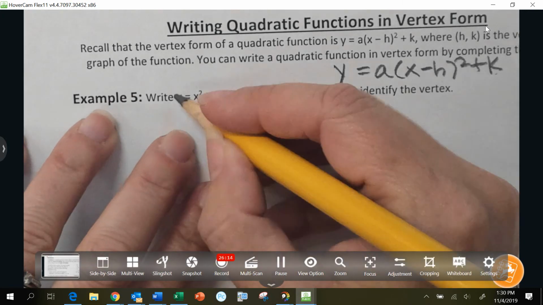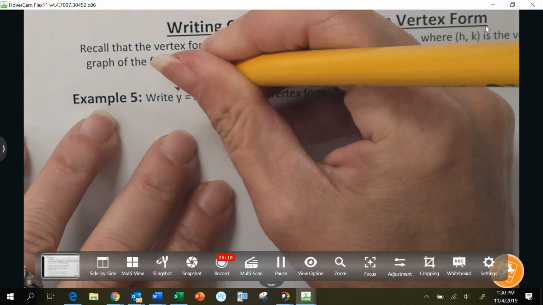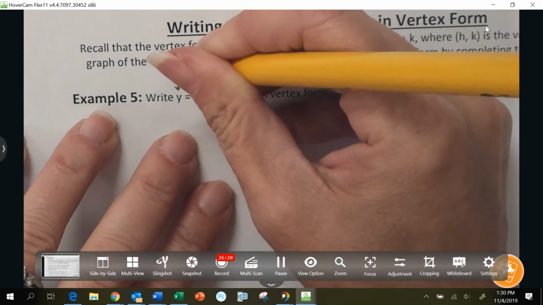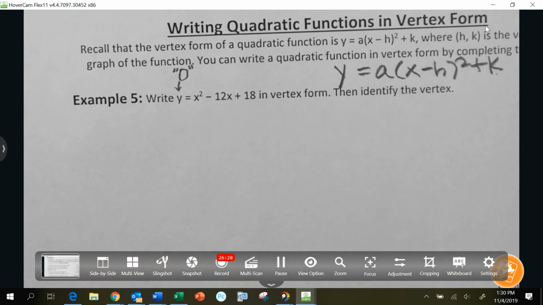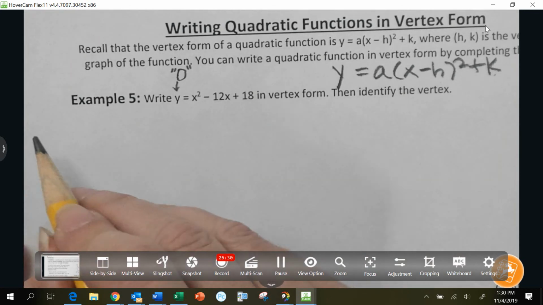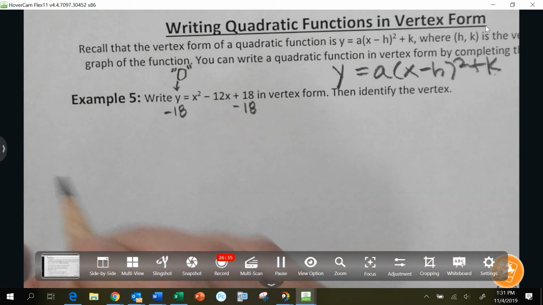So you see where this y is? When we did complete the square before, that was a 0. But it's not a 0, it's a y. So I'm going to keep it as y, but on the other examples, that was the 0. So what I'm going to do is subtract 18 from both sides first.